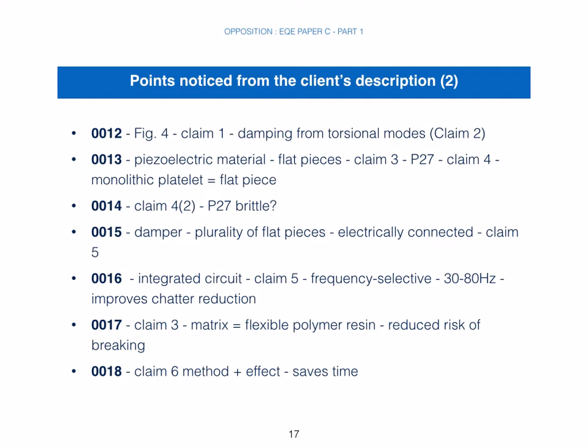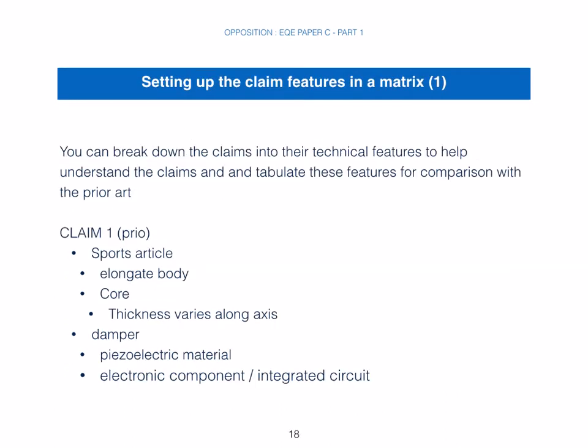Now we're beginning to get a feel for the invention. We can start to break down the claims into their technical features. This is the purpose of breaking down into technical features, is to help understanding and to tabulate these features for comparison with the prior art. We will see the matrix structure later.